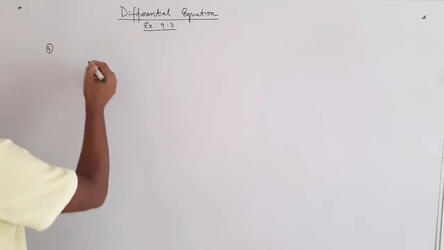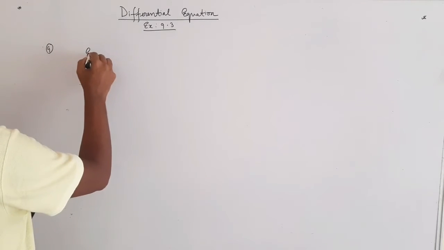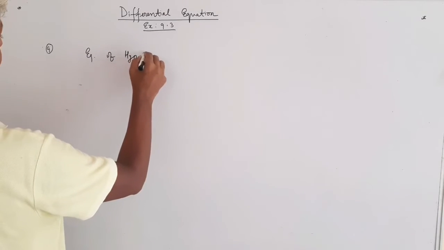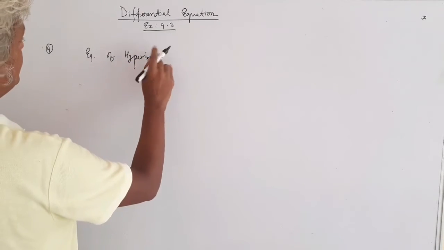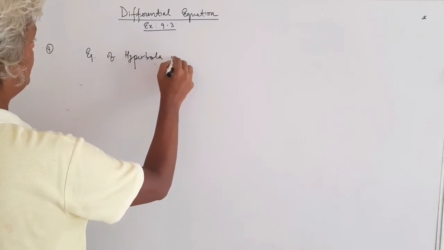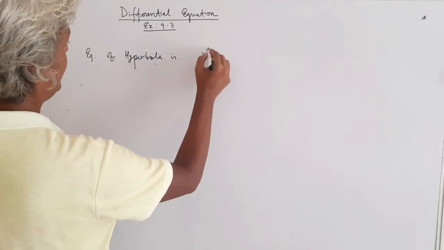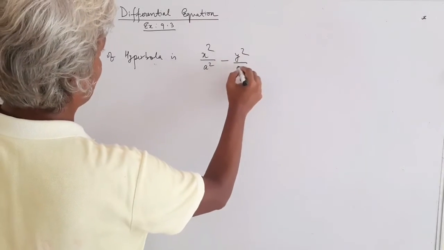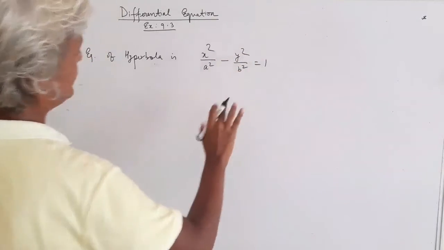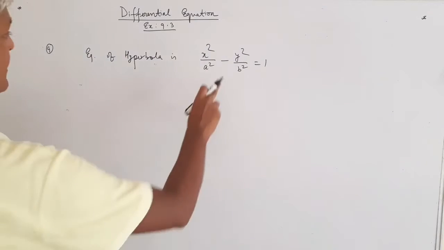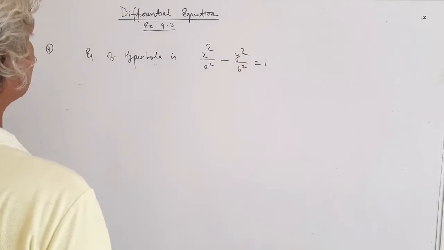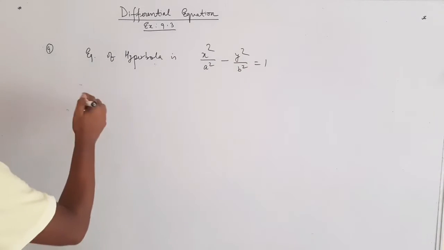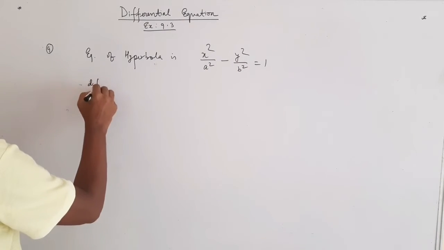If you feel like you can draw, you can, but if you remember the equation, because we need the equation of the hyperbola, it is x square over a square minus y square over b square is 1. It's very much the same as the ellipse, but this minus sign is plus in the ellipse, and in the hyperbola it is negative.